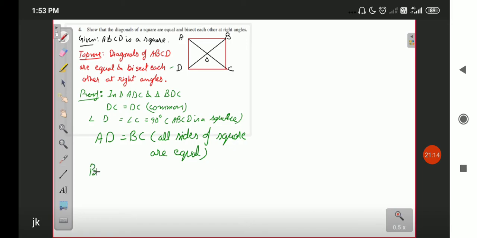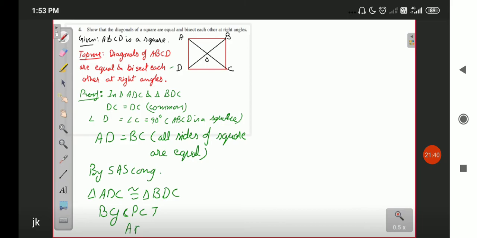So by SAS congruency rule, you have triangle ADC as congruent to triangle BDC, and by CPCT you can say that diagonals are equal. Diagonals are AC and BD. AC and BD are equal. In this manner, we have proved one thing.